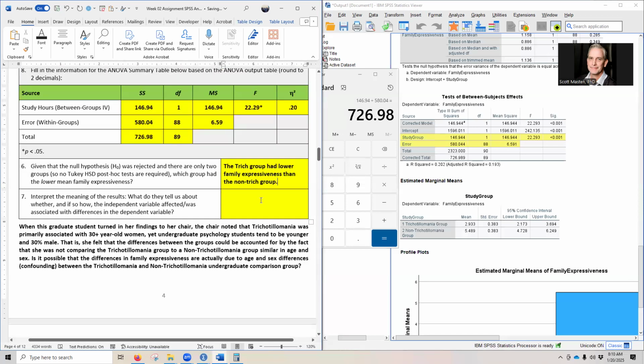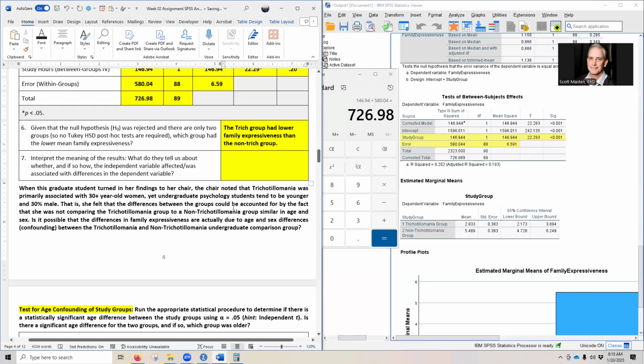Interpret the meaning. What do they tell us about whether and if so, how the independent variable affected or was associated with differences in the dependent variable? So, gosh, a couple ways to do this. I guess here's how I would do it.